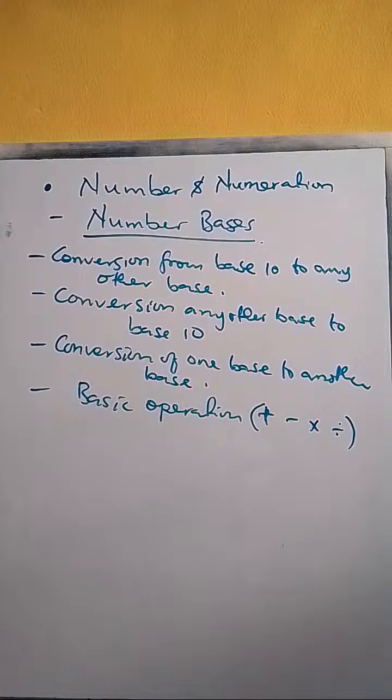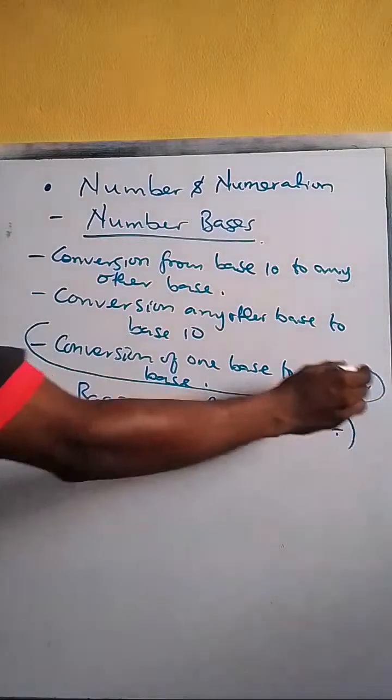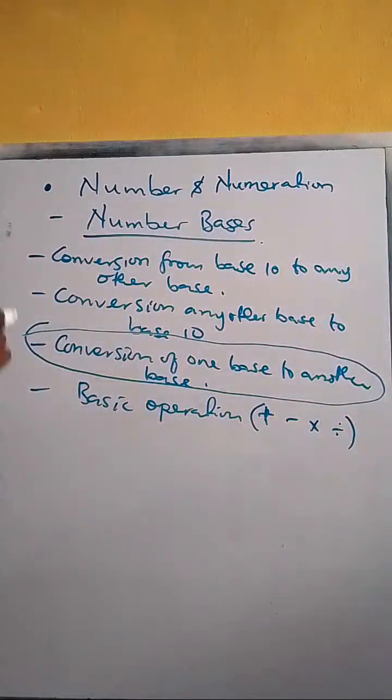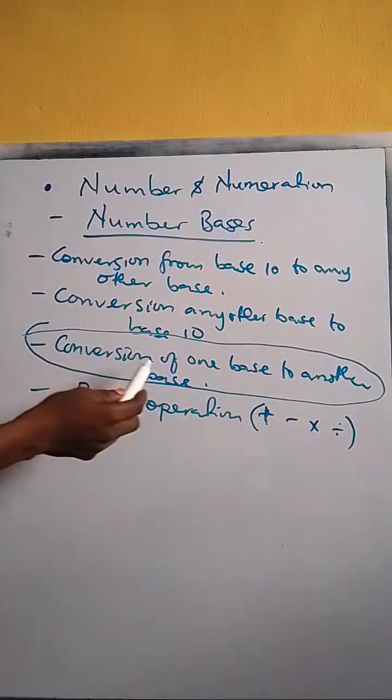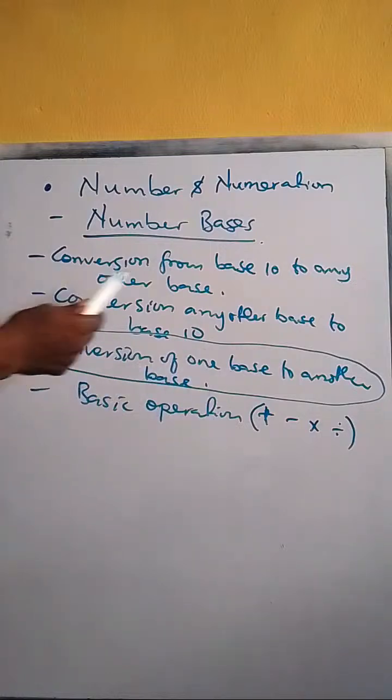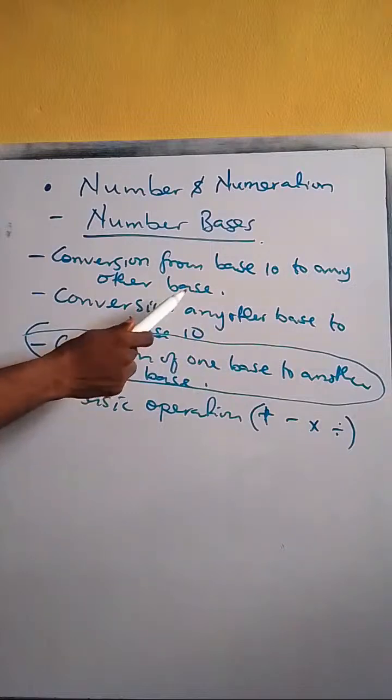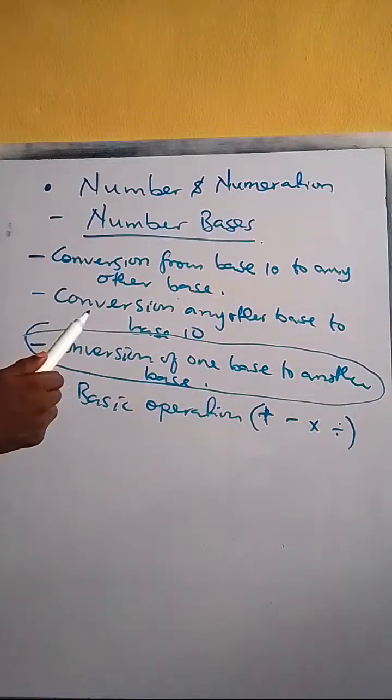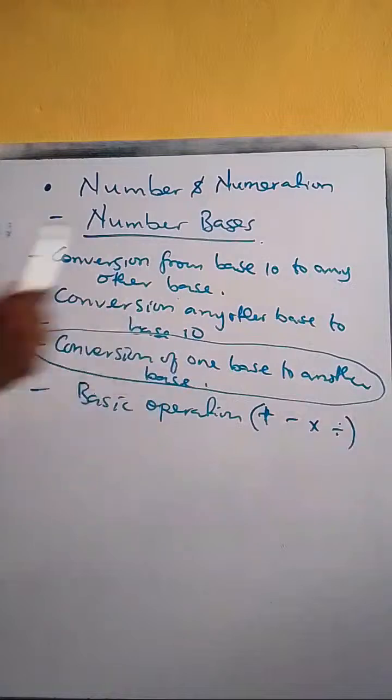Now, here in this class, I want to give us an example. So I believe once you are able to solve this, it implies that if you are able to convert from one base to another base, that means you can change from base 10 to any other base, and also you can change from any other base to base 10.